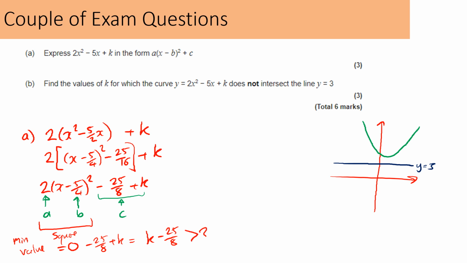It's got to be bigger than 3. And we could sort of solve this as an inequality. Let's take it over here. So we're saying k minus 25 over 8 is greater than 3. We could add the 25 over 8 across and just say that k is therefore bigger than 49 over 8. Those are the values of k where it does not intersect that line.